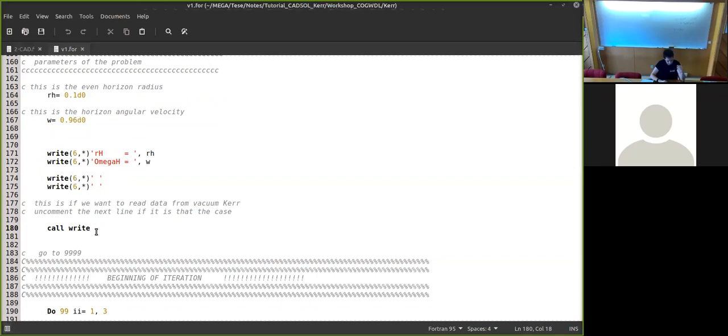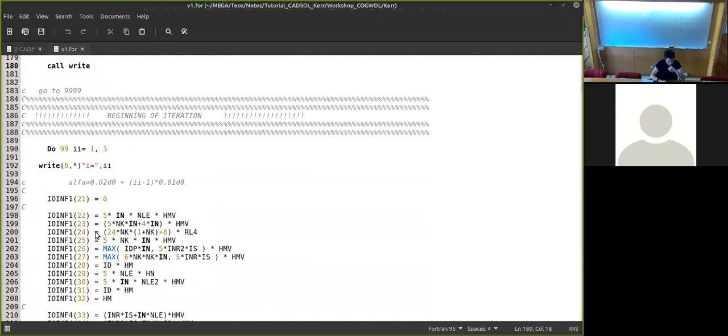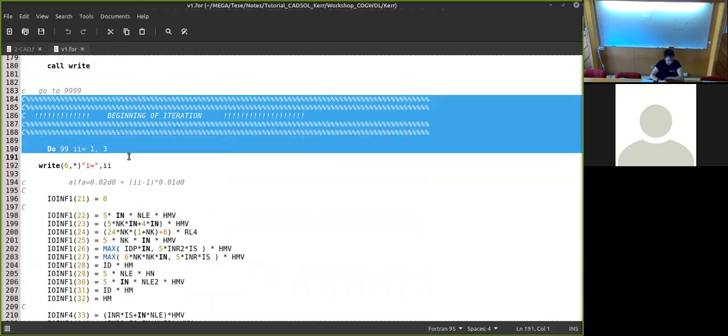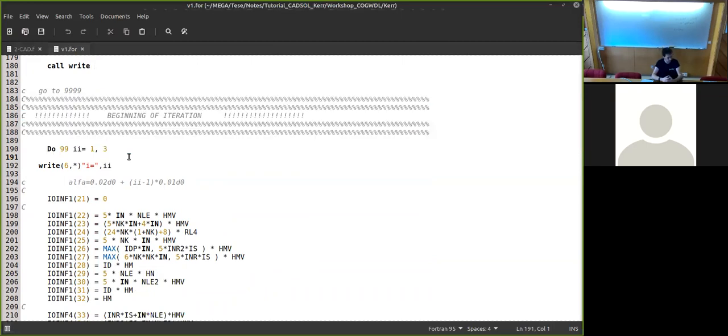So when you use that file as the initial guess, Fortran will not have any problem with that. So here is when we begin the iteration for the Newton-Raphson method. Usually you use 3 iterations. Usually it's enough to obtain good accuracy. Of course, you can do more if you want, but usually 3 is enough.